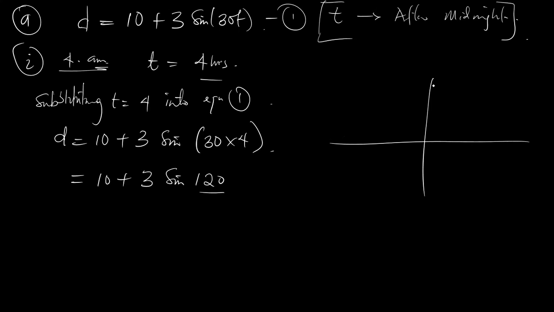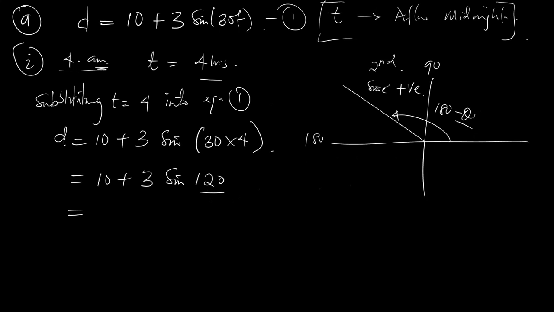So now this angle 120 is more than 90 and less than 180. So it falls in the second quadrant. And in the second quadrant, sine is positive. The reference angle here is 180 minus theta.